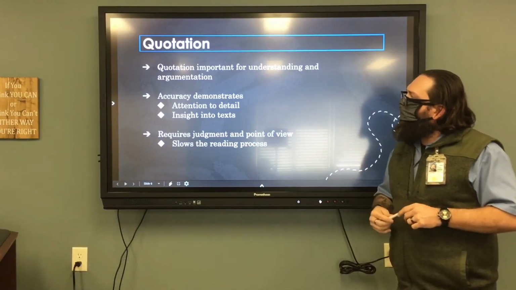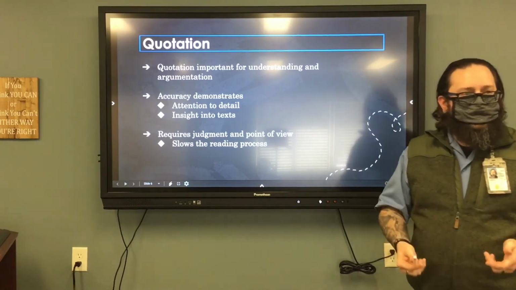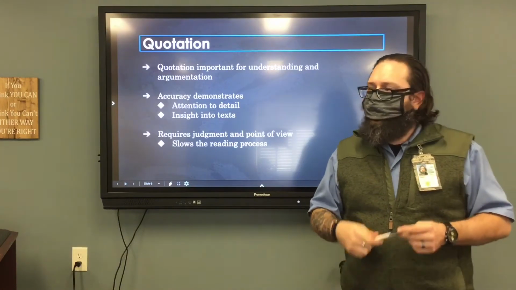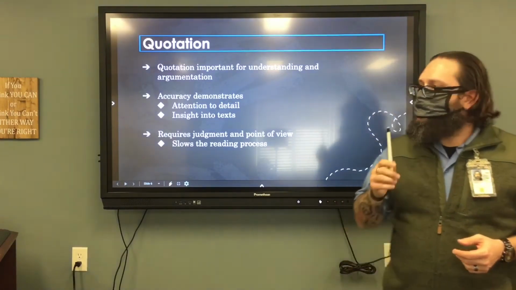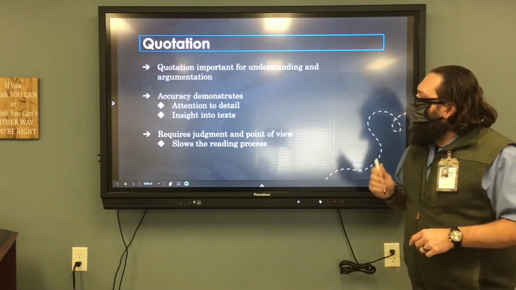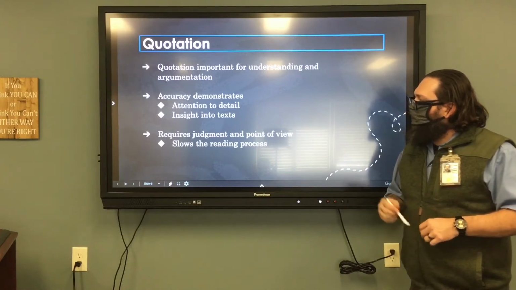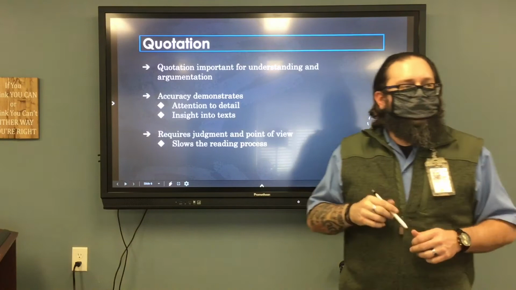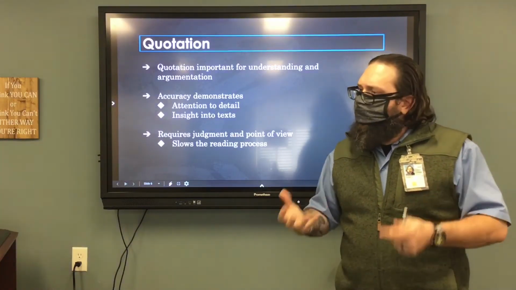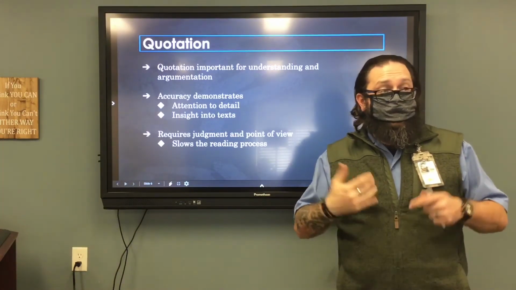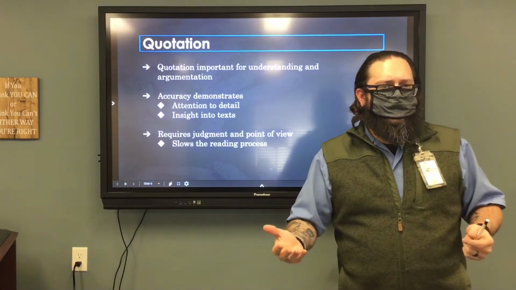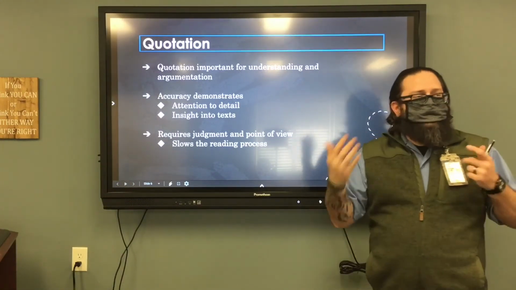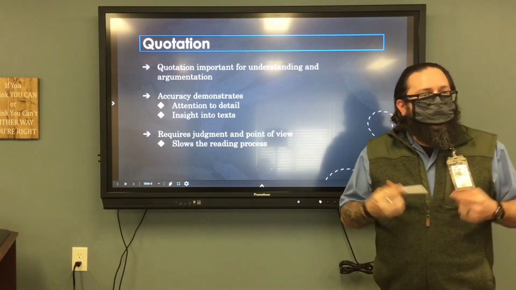Once again, it requires accuracy. If you're directly quoting from a text, you want to make sure that it is accurate. Accuracy demonstrates your own attention to detail, and it also demonstrates your ability to pick up on information that is directly said in the text and use it to craft your own ideas about what the author means.